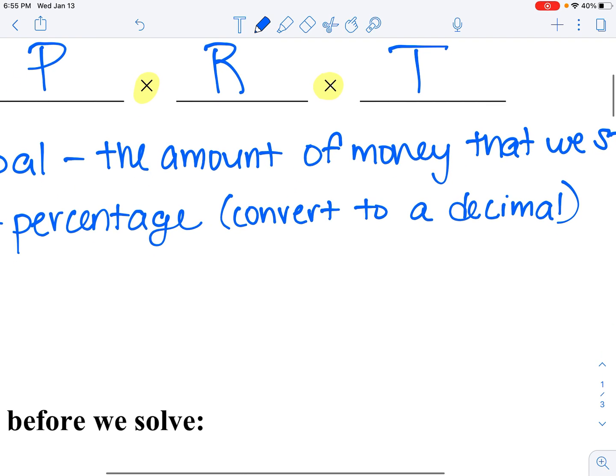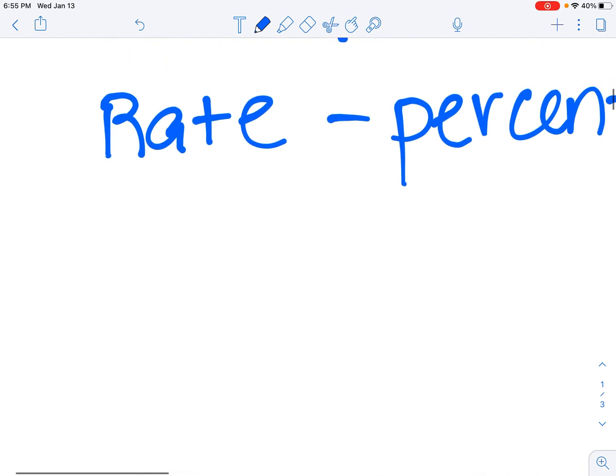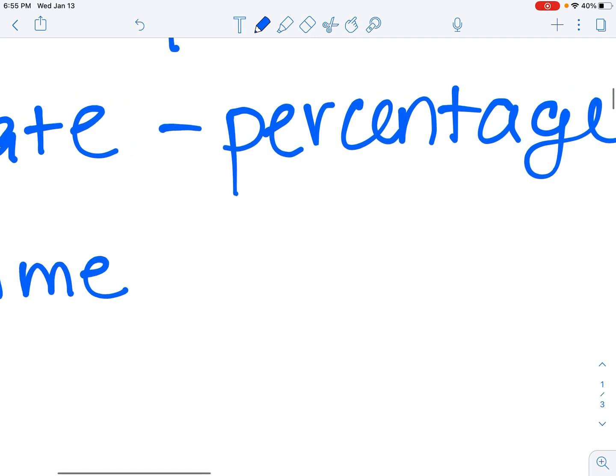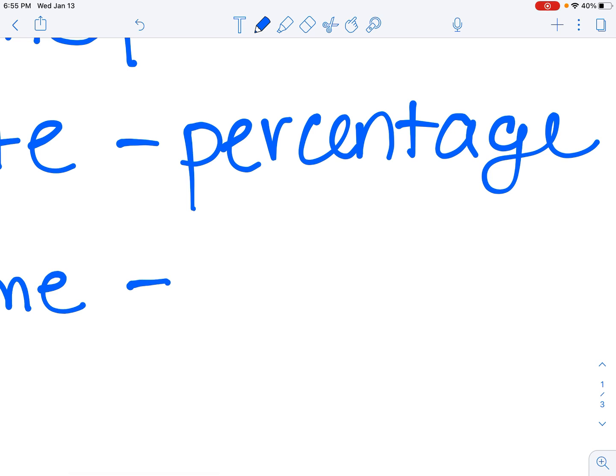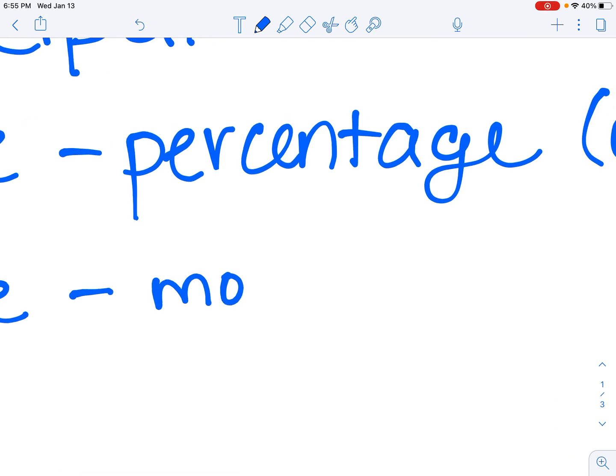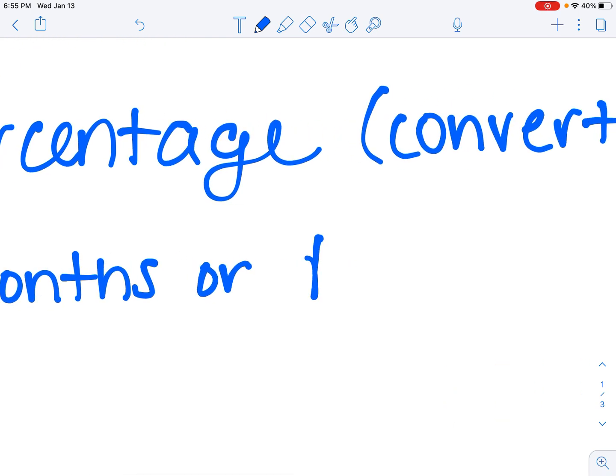Last but not least, we have our T, which stands for time. This was our focus of yesterday's lesson, and we know that time could refer to months or days.